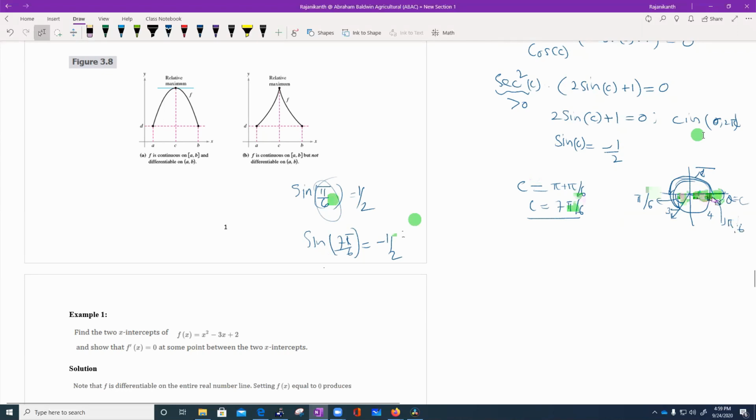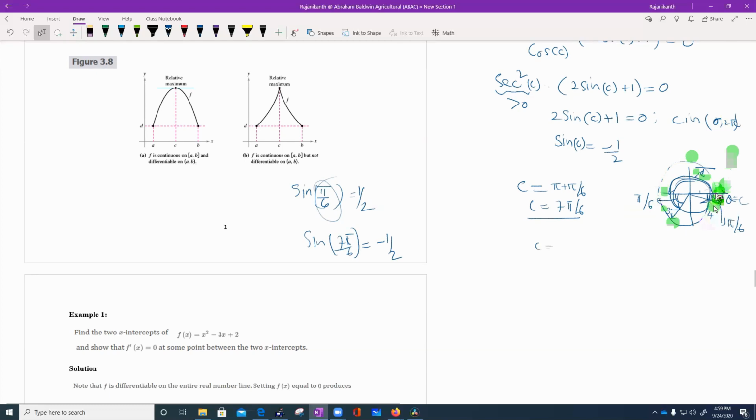Remember, we are looking for the angle from 0 to 2 pi. I know that this angle is negative pi over 6, right? But you cannot write negative pi over 6 because I don't have negative in my interval. Therefore, you have to always look for the full circle coming to that reference angle. Full circle is 2 pi, so you subtract pi over 6 to get this whole angle.